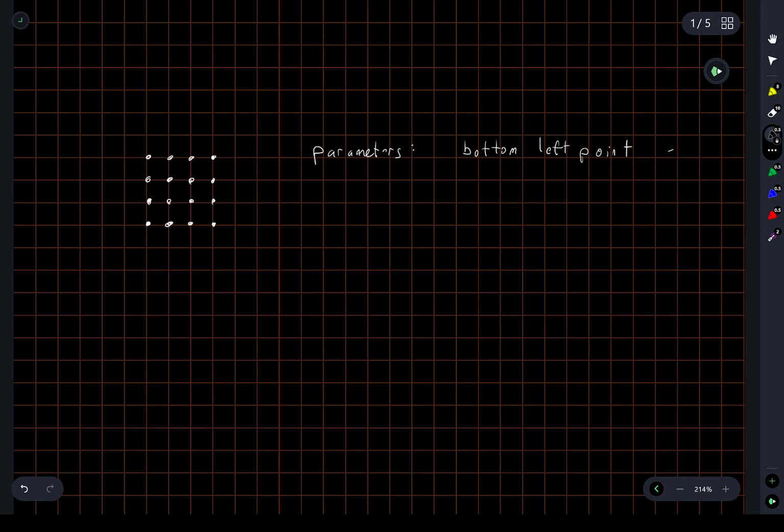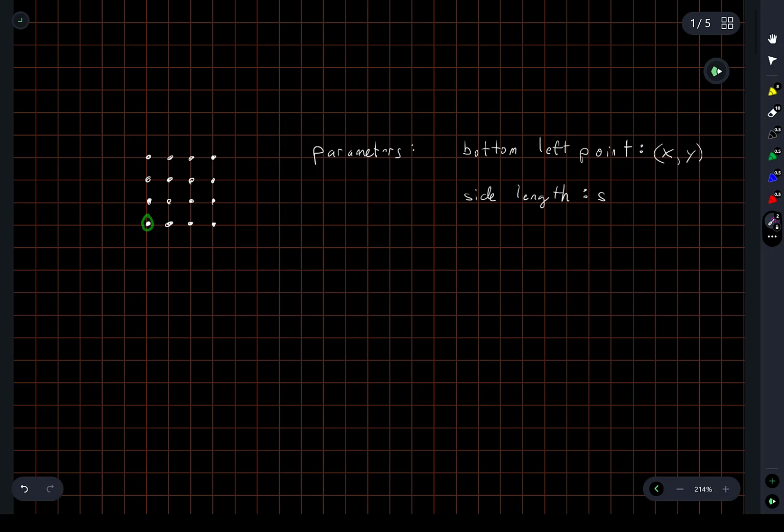So the bottom left point itself is in fact 2 parameters, x and y, and side length, which we'll call S. So really what we need, any point out of these 9 can act as the bottom left, and then what we need to do is count how many possible side lengths can be chosen.